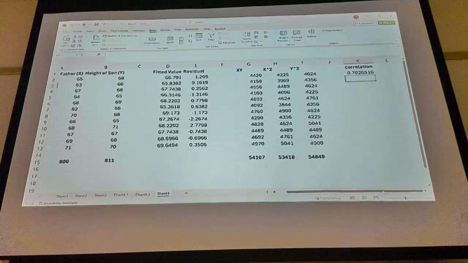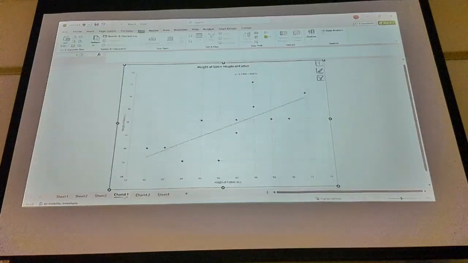So an R value of 0.7 is a fairly strong linear correlation. And it's a fairly strong positive linear correlation. 0.7 is pretty close to 1. You have to remember this axis isn't at the origin.